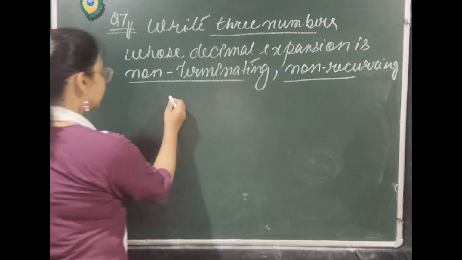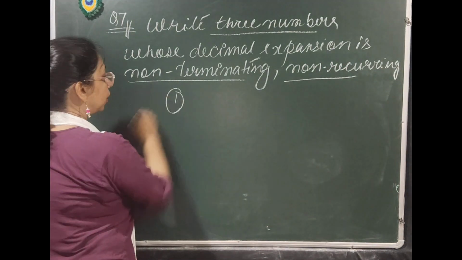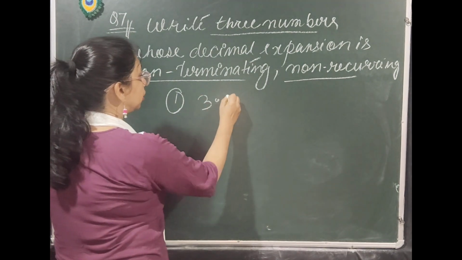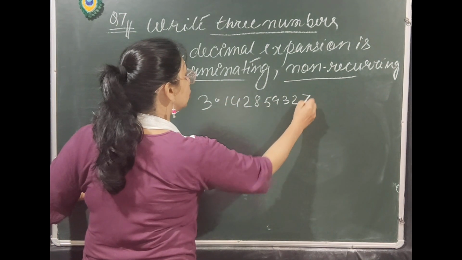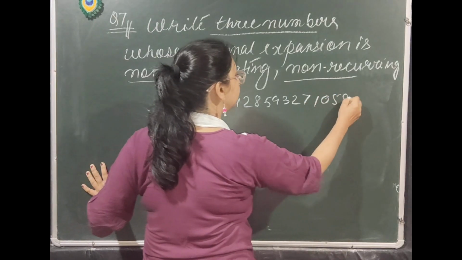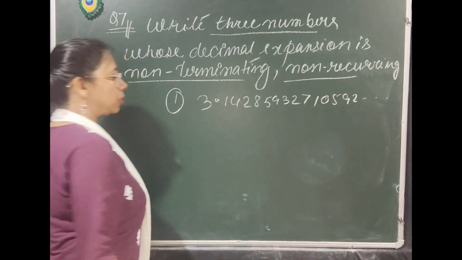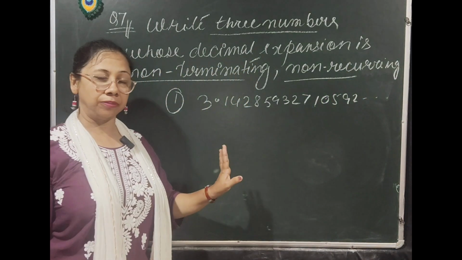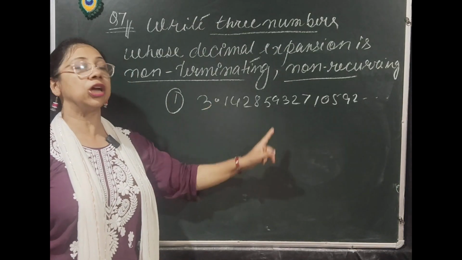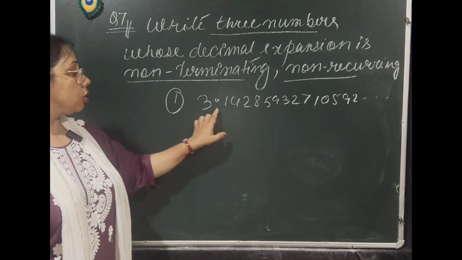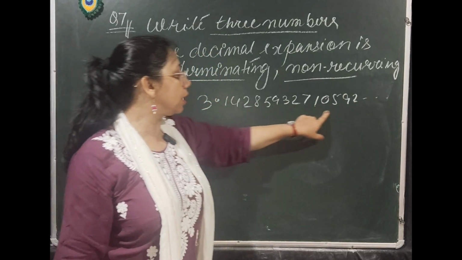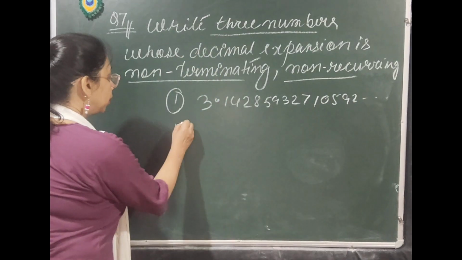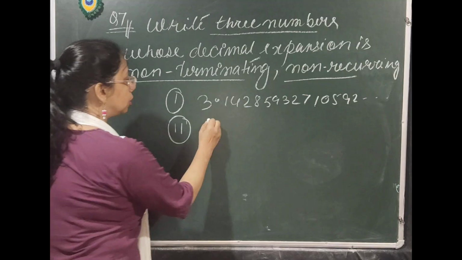So, for example, number 1, 3.1428593271059 and you can keep on writing. This is not pi, but it is an irrational number or non-terminating and non-recurring number.